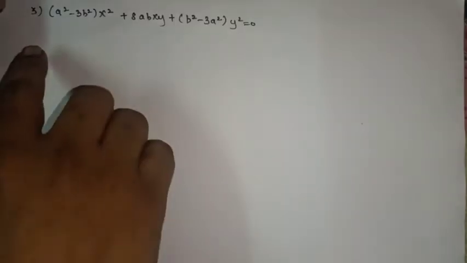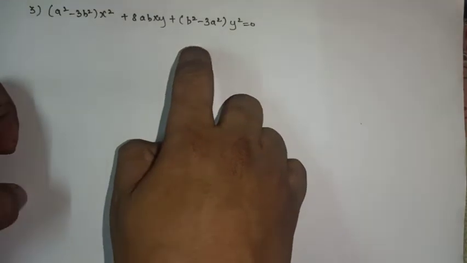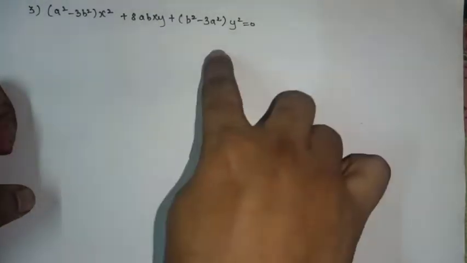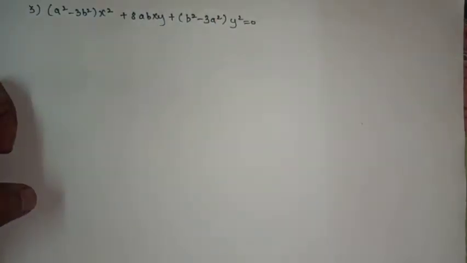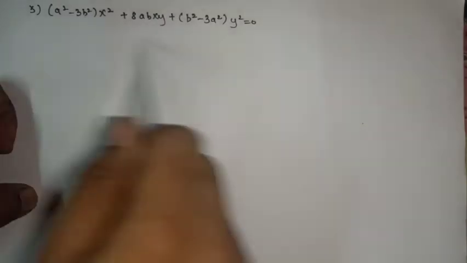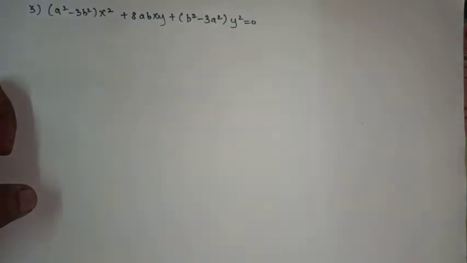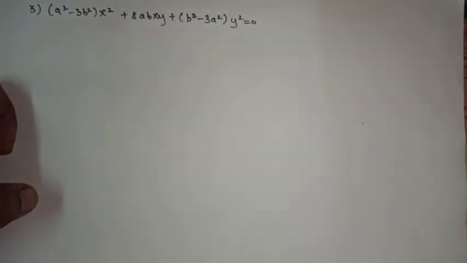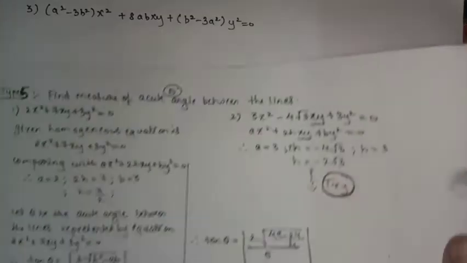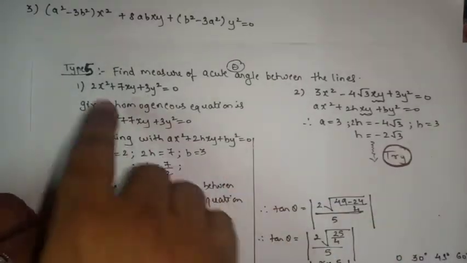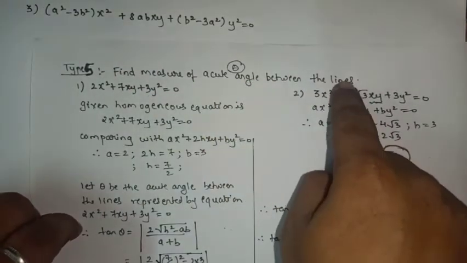Here also you have to find the acute angle, but here the pattern is different. So that's why I said this is a very important sum from the board point of view, as it is a proper 4 mark sum, and the question is the same, find the measure of the acute angle between the lines.